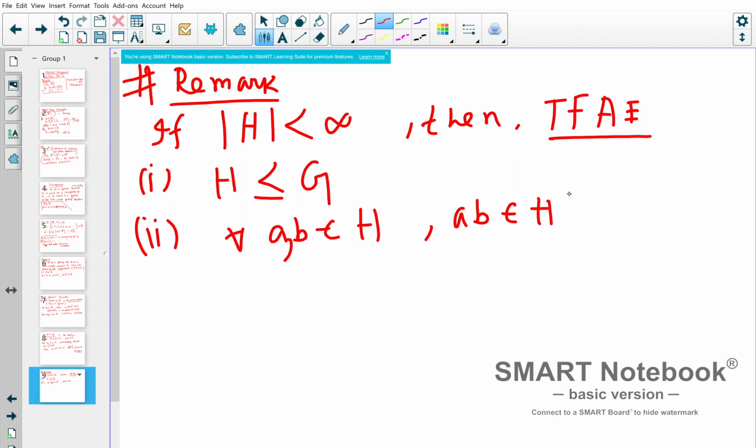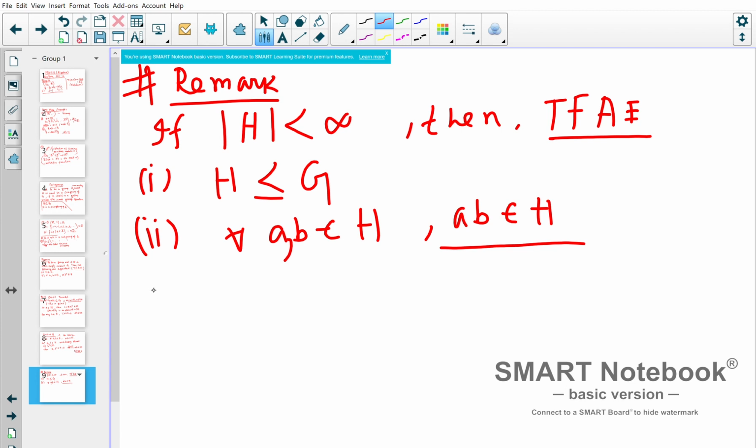So obviously 1 implies 2 is trivial. Even for 2 implies 1, you already get that it is closed under the operation. The only thing you need to find out is that the inverse belongs to the set H. Now how do you show that the inverse belongs to the set?